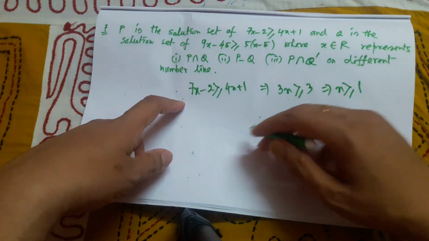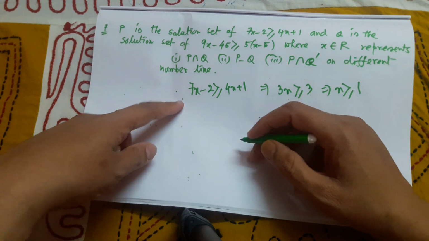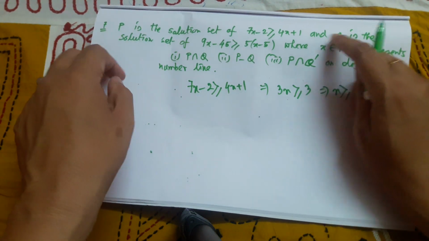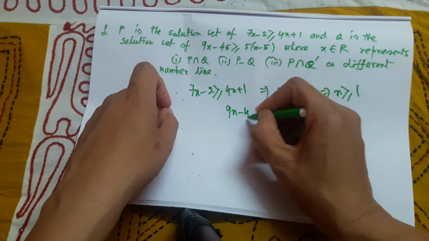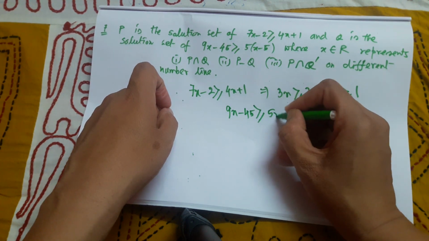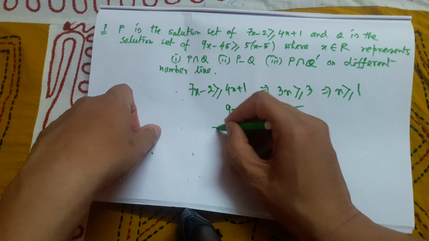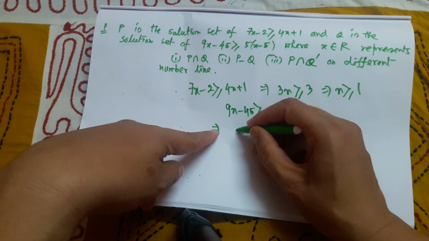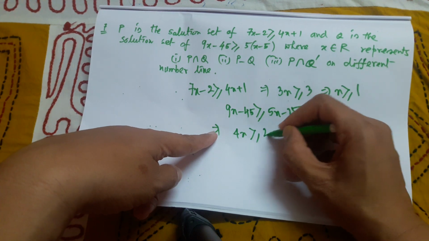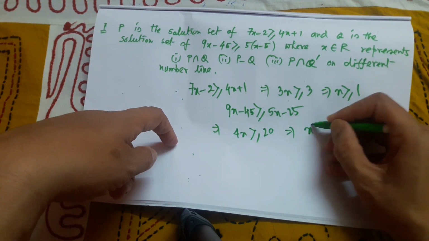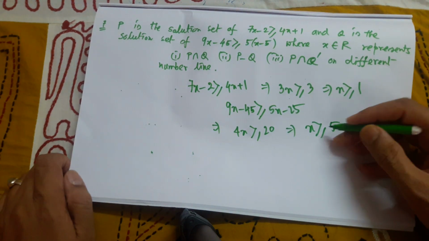It's P. It represents P. And what is the representation of Q? It's 9x minus 45 greater than or equal to 5x minus 25. It implies 4x greater than or equal to 45 minus 25 means 20. It implies x greater than or equal to 5. This is Q.